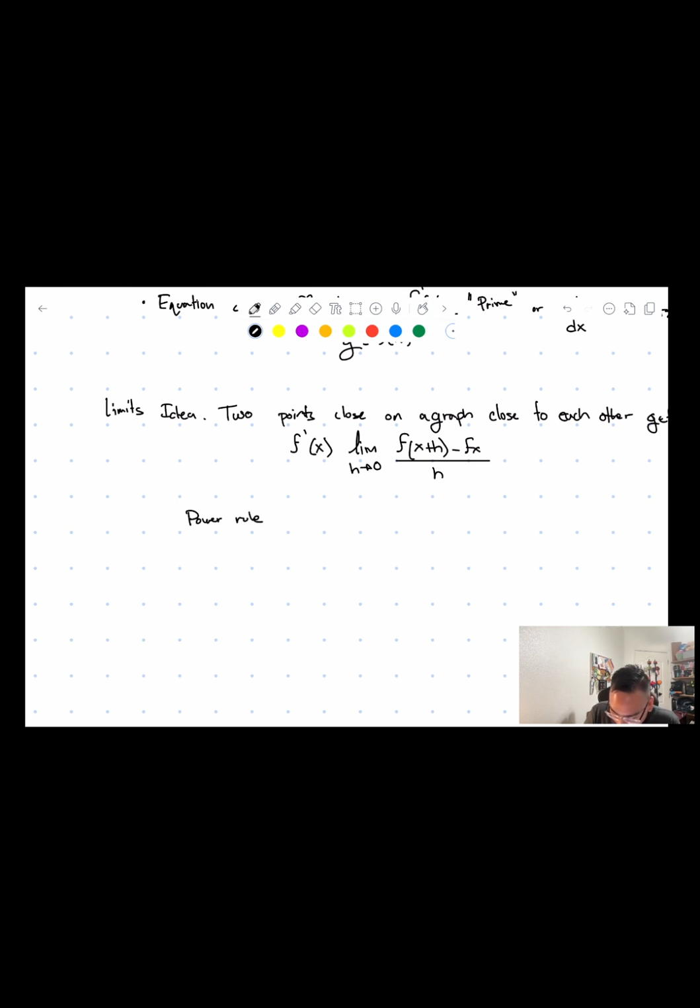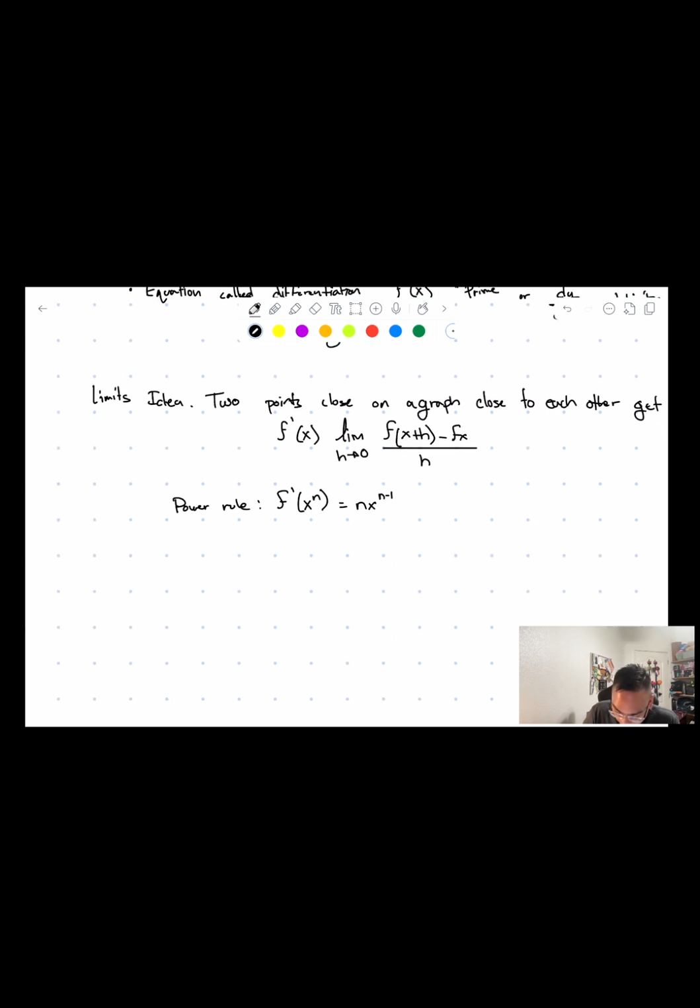Basically, whenever you have the derivative of x to the n, it's going to equal n times x to the n minus 1. And then you have the constant rule.